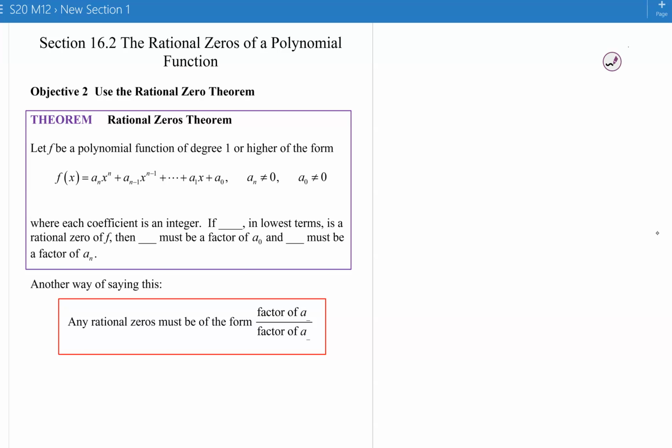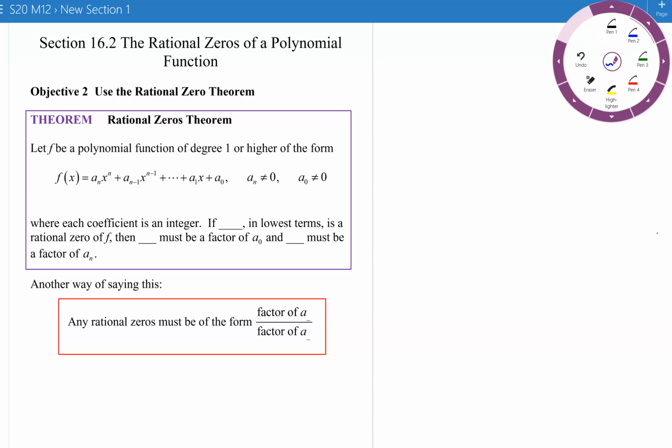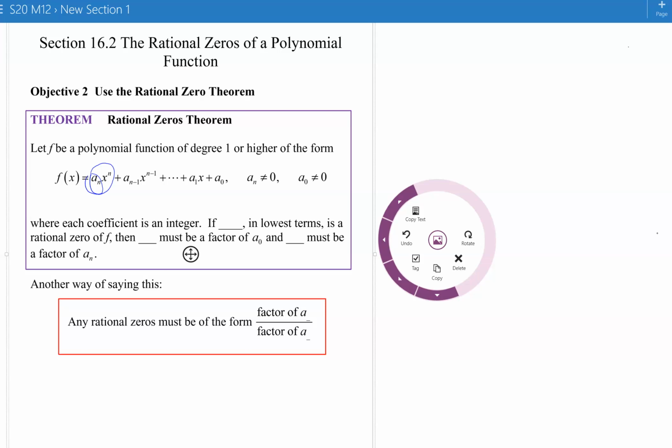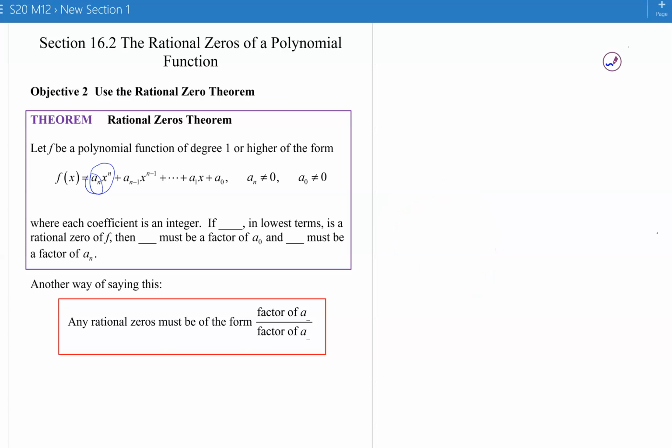Okay, so now we need the rational zeros theorem, and any generic polynomial can be written in the form where the highest degree term is x to the power of n, and then we name its coefficient a sub n. Then you would have the next degree down and the next degree down until you got to the linear term and then the constant.